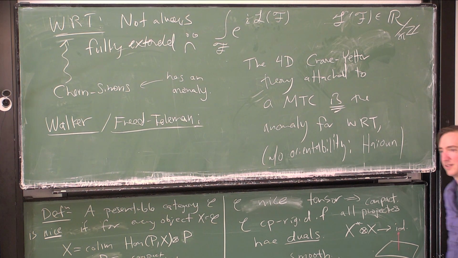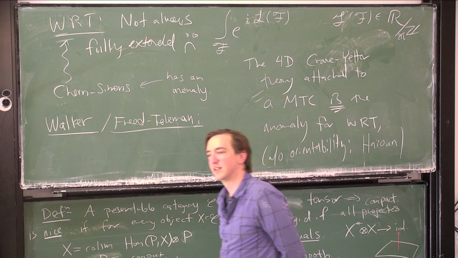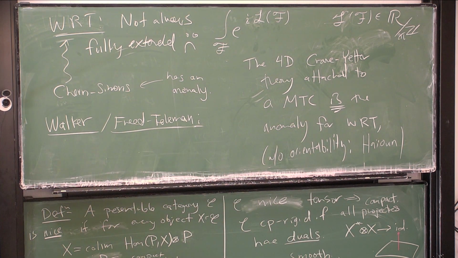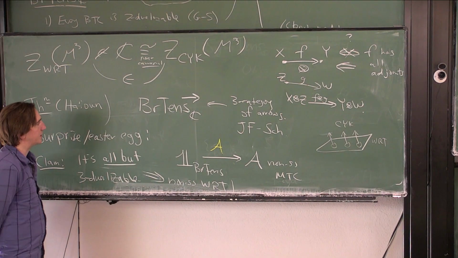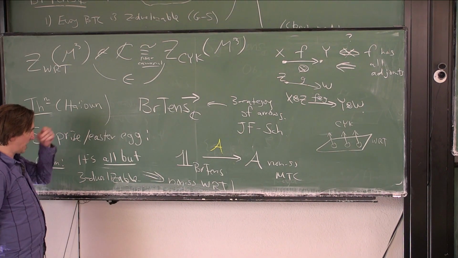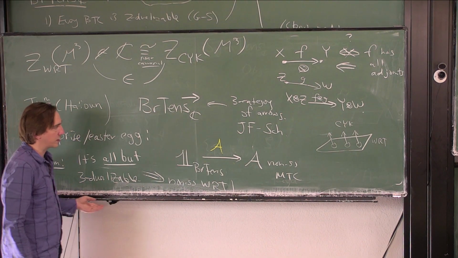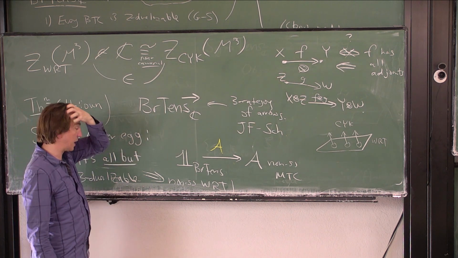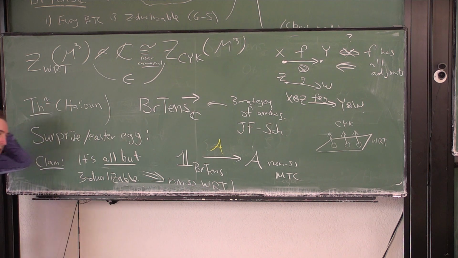You said this is without orientability. Do you have an expectation for the orientability? Because I would have expected an MTC to already give me that. Right. So thanks. So the question was, okay, fine, I've just been doing dualizability checks, but I stopped talking about orientability.